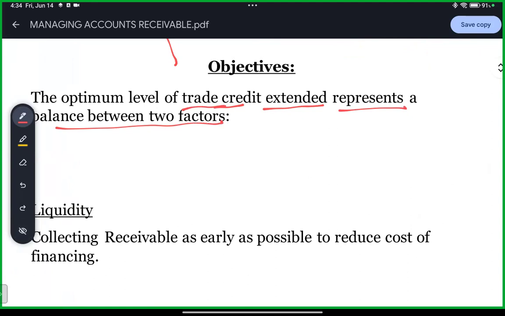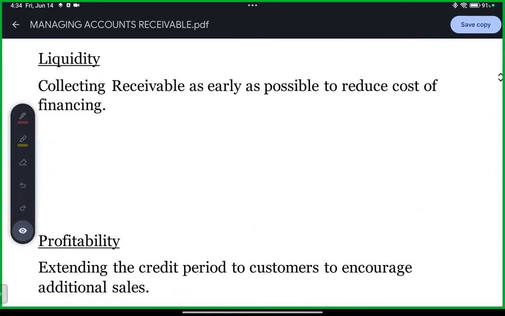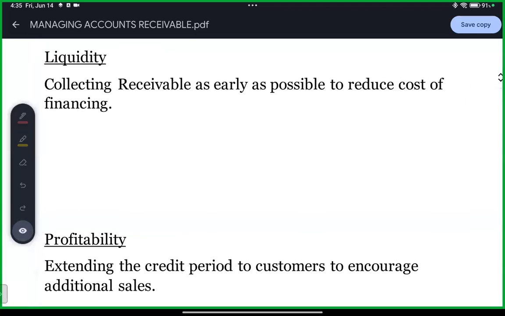If you are a good finance manager, you have to come up with a credit policy that equally balances liquidity and profitability. You should be able to collect the money from the receivables as early as possible in order to avoid the cost of financing.